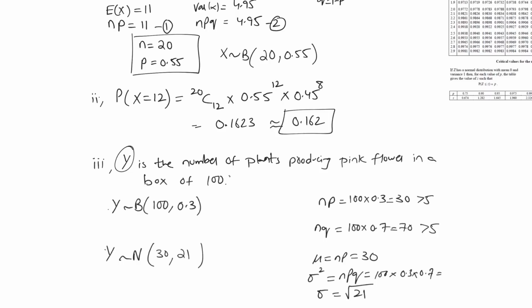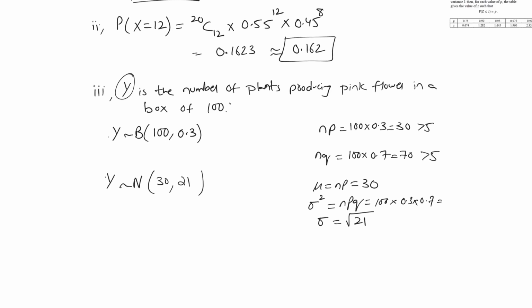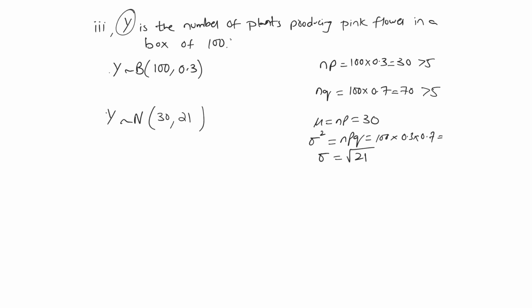Now the question says you need to find the probability of x less than 35. See, here is the catch. Your initial data was discrete and you are using normal approximation, which is used for continuous distributions. So you need to perform a continuity correction.